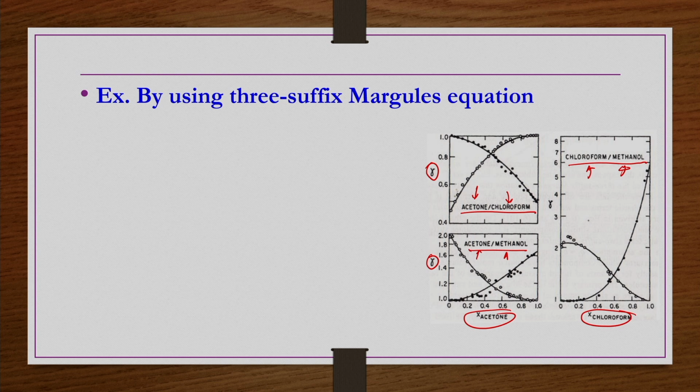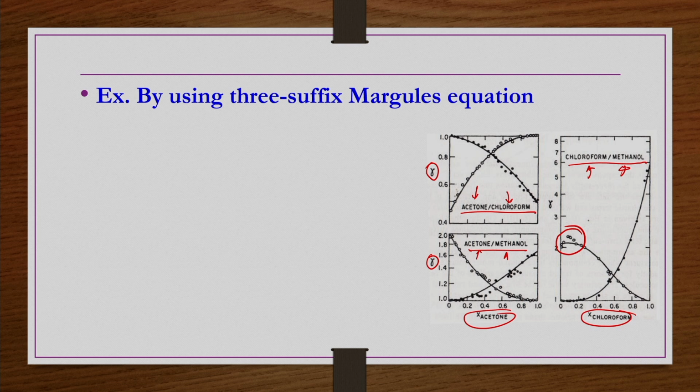If you see, you can see the excellent matching between the 3 suffix Margules equation and the experimental results for the entire range of mole fraction from 0 to 1, except in the case of chloroform methanol, where there is some amount of discrepancy when the mole fraction of chloroform is very small, right.